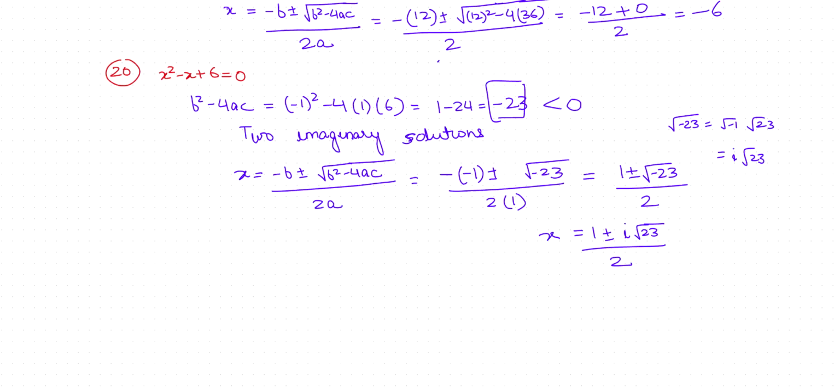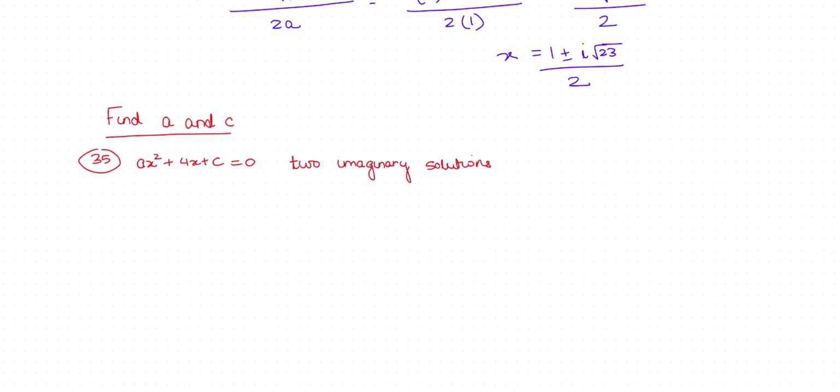Let's do some more problems now. So this is like ax square plus bx plus c is given, and we have to find the values of a and c such that it gives two imaginary solutions. So we know when we have two imaginary solutions, b square minus 4ac should be less than 0.